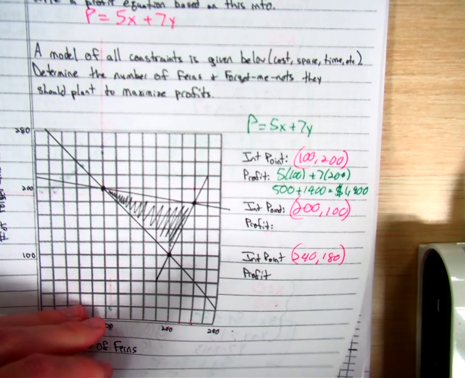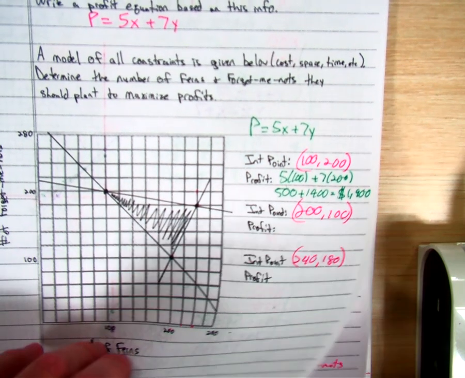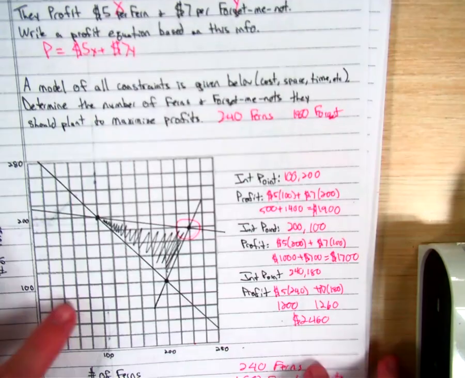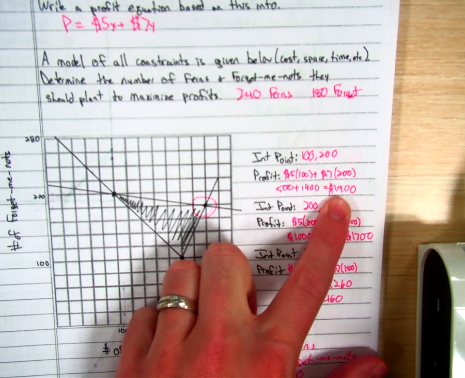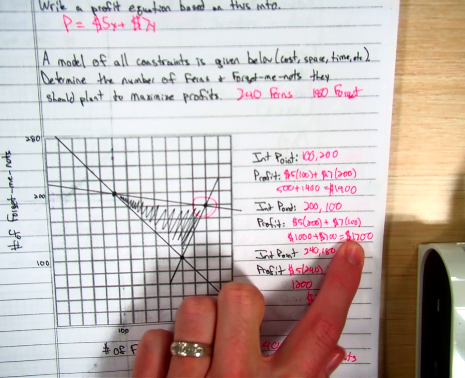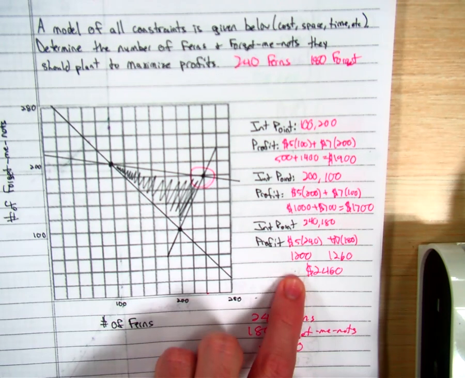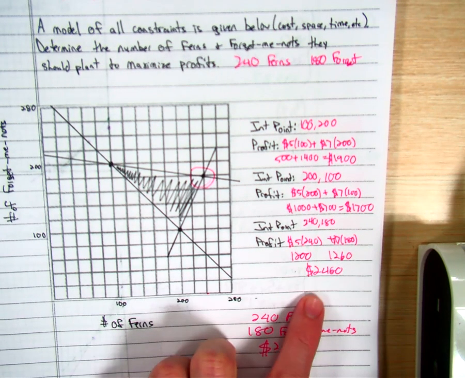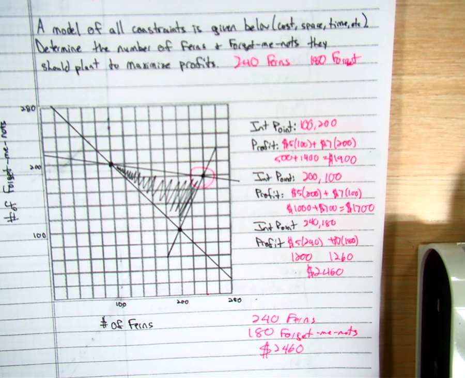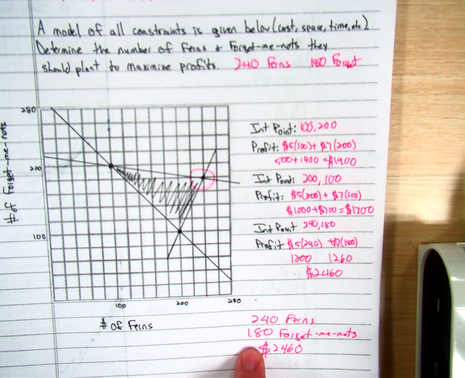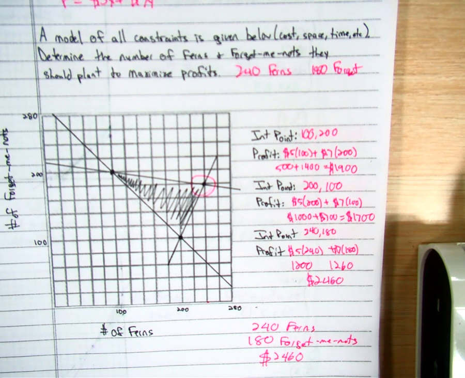Alright, let's see how you did. Did you get 1,900, 1,700, and winner, 240, 180 is going to make us $2,460. So we want to go with 240 ferns and 180 forget-me-nots.